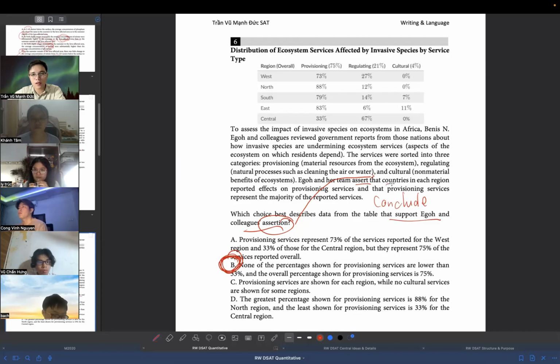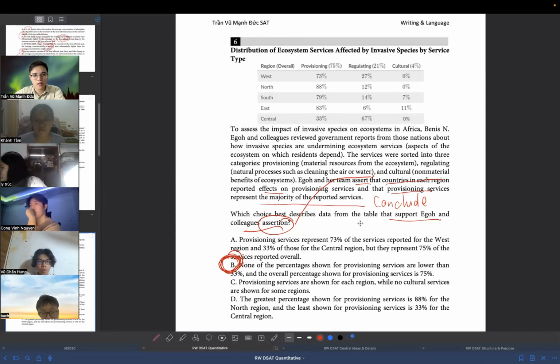Very simple. That countries in each region reported effects on provisioning services, and that provisioning services represent a majority of the reported services. All right, this one is quite complicated.